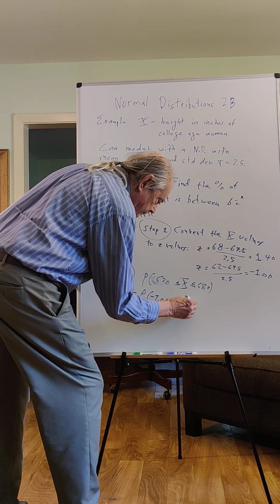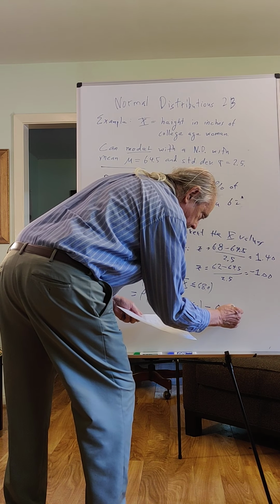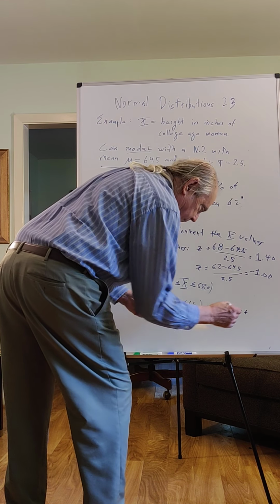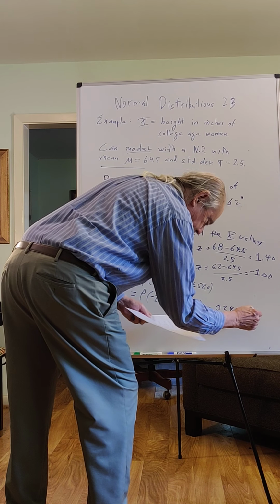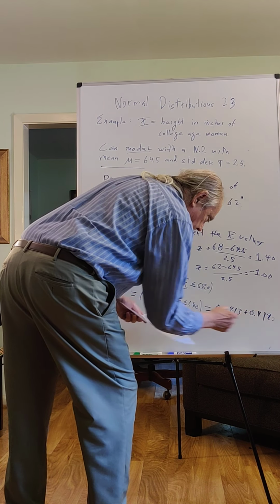So for the first area, we get this. And for the second one, we get this. And they add to 0.7605. And then we read the problem carefully, and it asks for a percent.